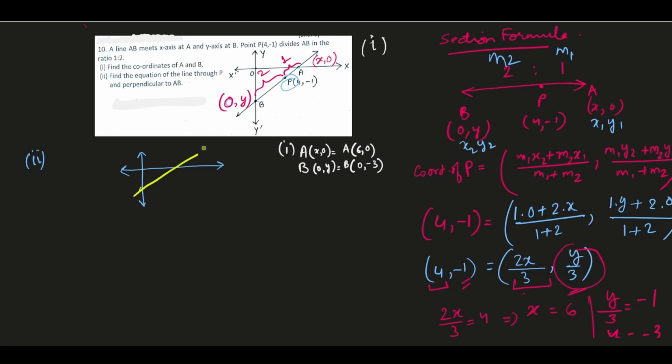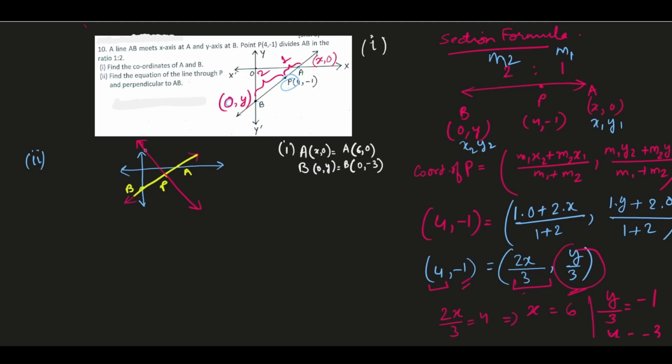This is point A here, this is point B, and somewhere here is point P. Now, they are saying to find the equation of the line which is passing through P, and that line is also perpendicular to AB. So we need to draw that line here. I'm drawing it roughly. Yeah, so maybe like this.